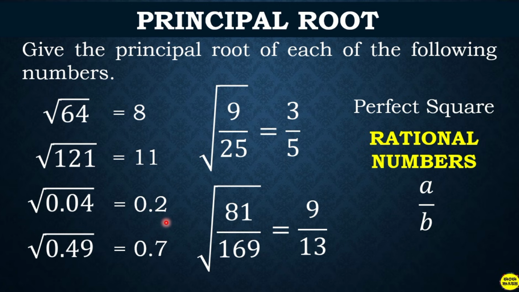So, kapag terminating decimals, pwede natin yun i-express as A over B. Also, yung integers natin, pwede rin to. Ito yung A, ano ang magiging denominator niyan? 1. So, 8 over 1, 11 over 1. So, this can also be expressed as A over B. So, ulitin ko, kapag binigyan kayo ng perfect square numbers at kinuha natin ang square root nun, automatic the root ay rational numbers.